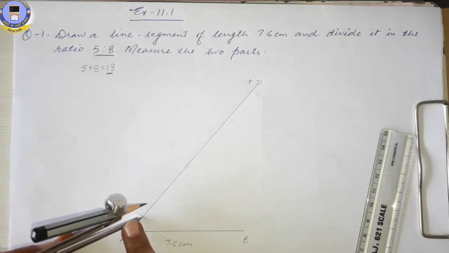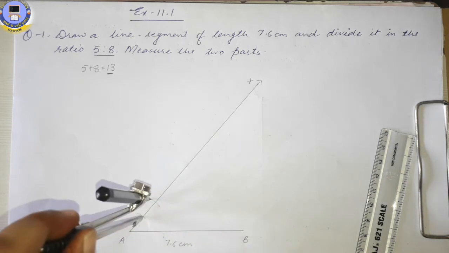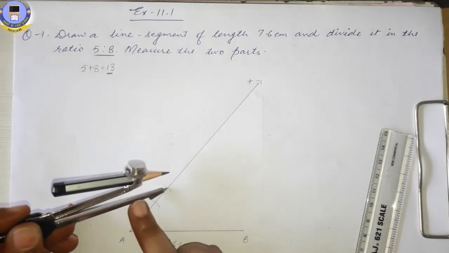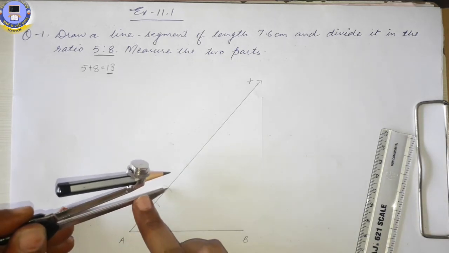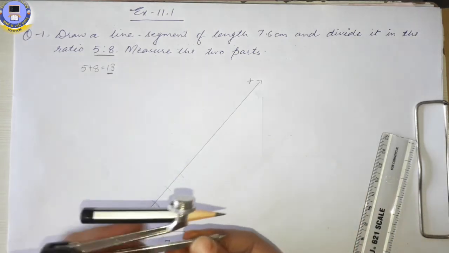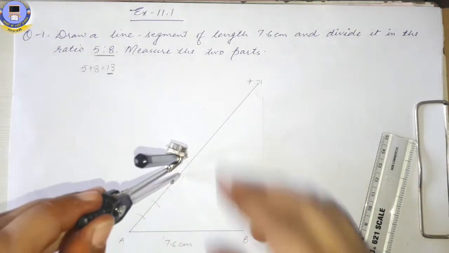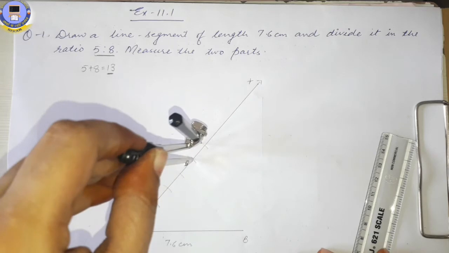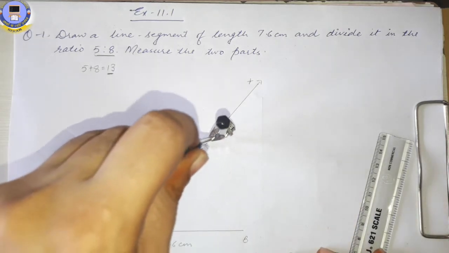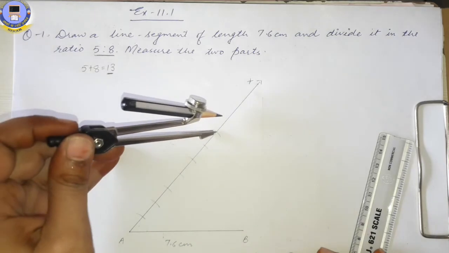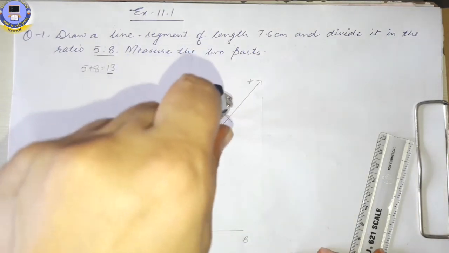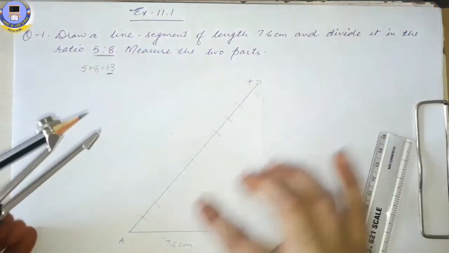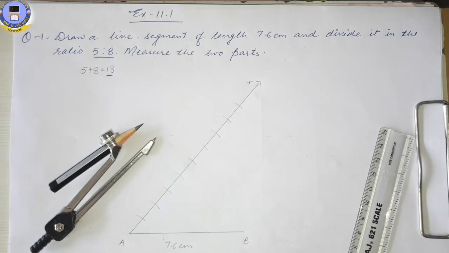A1 taking this point as center, A2, A3, A4, A5, A6, A7, A8, A9. See, this ray is smaller, that means we have to extend it.